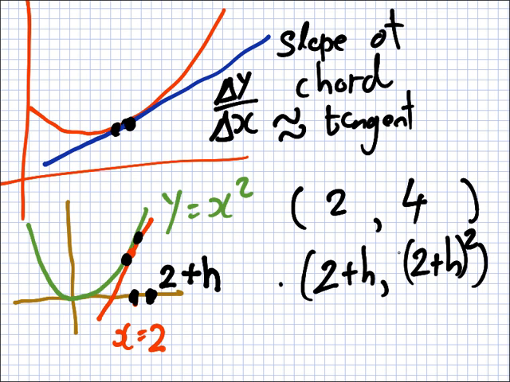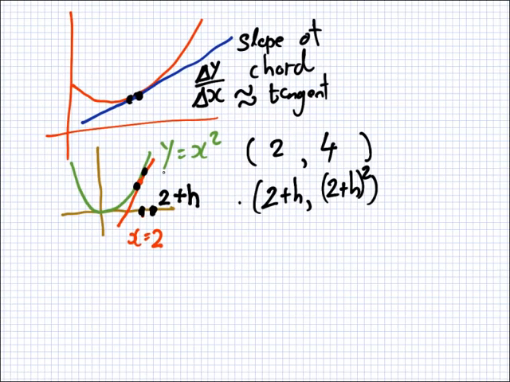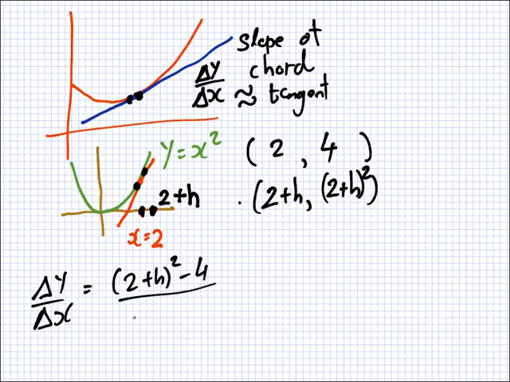Now, we have 2 points, so is it possible to find the slope? Of course. So the slope will equal y2 minus y1 over x2 minus x1.